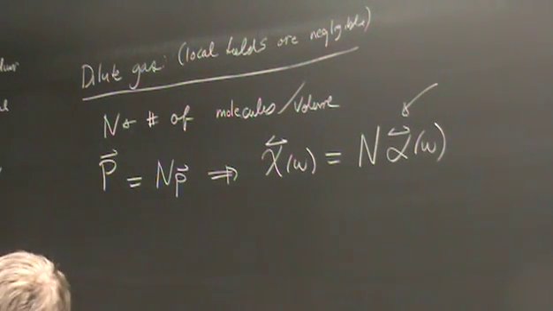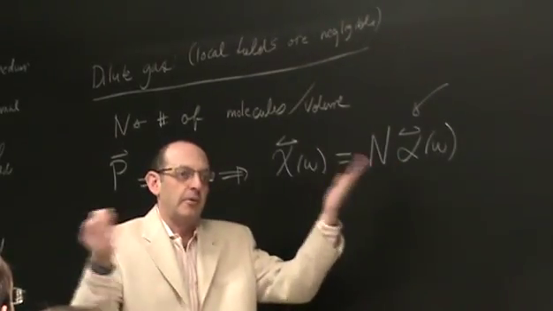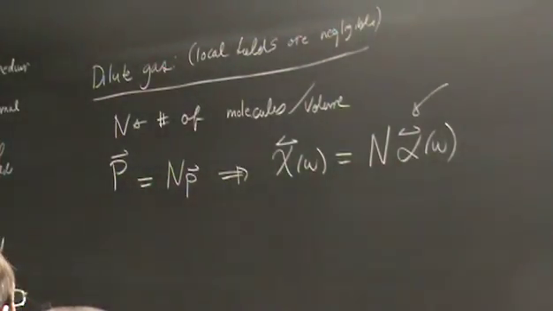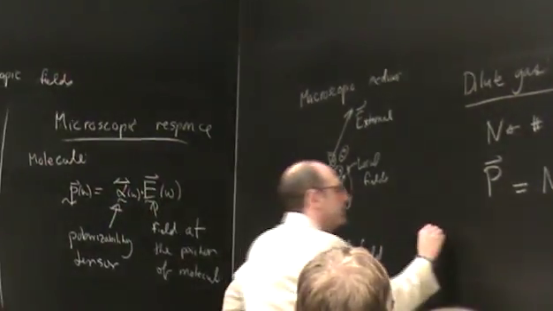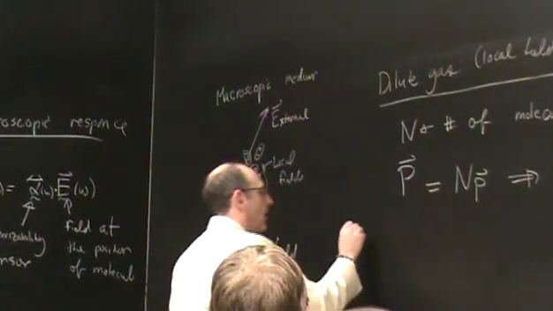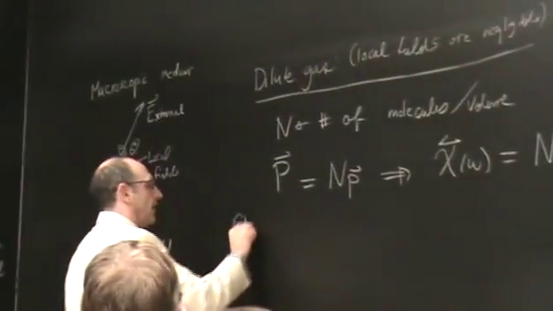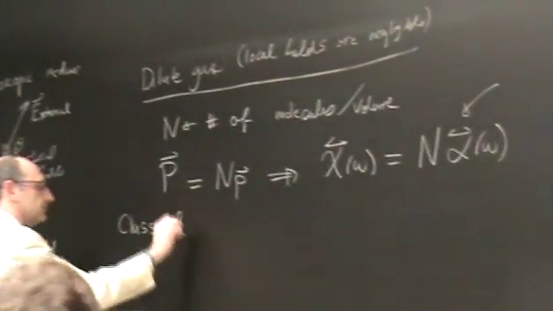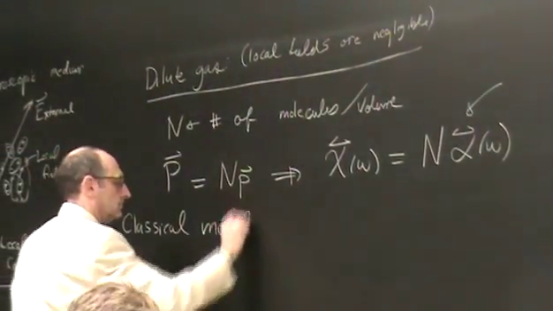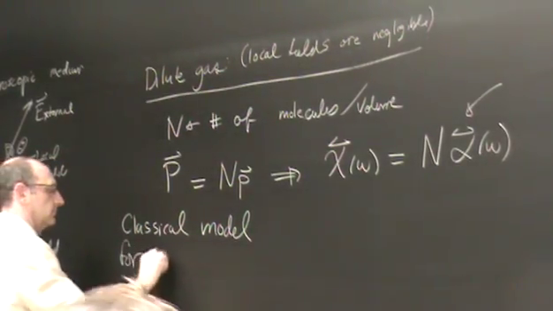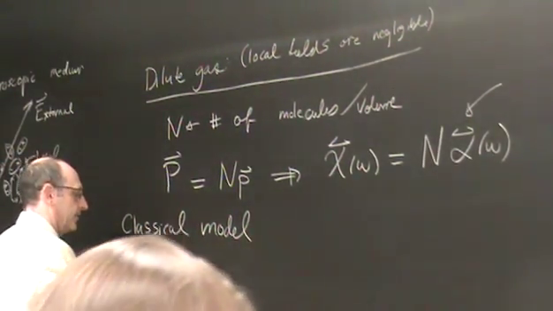You could say you have some atomic orbitals and you put on some electric field and they polarize, and you want to know how much. That would give you the atomic polarizability from a quantum mechanical description. We're not going to go there. Well, today we'll talk about a simple and very powerful model, a classical model for dielectric response.